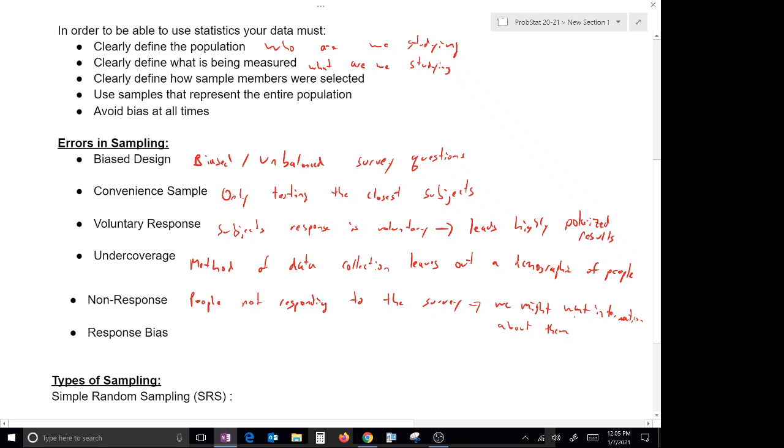A good way to reduce non-response is to make sure that they feel comfortable it's going to be anonymous.